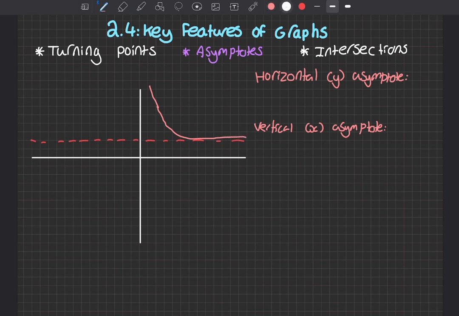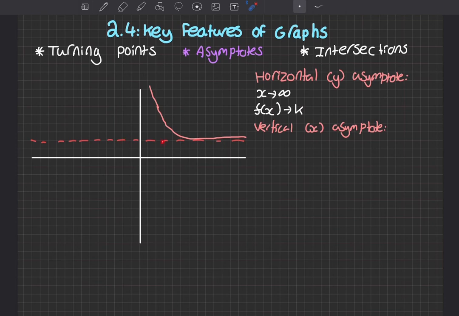And how do you express this? Well, again, your line won't touch it, it'll just get close to touching it all the way to infinity. So how you can express this is as x approaches infinity, so as x goes all the way to infinity here, your y, or your f of x, approaches k, where k is just the value of the asymptote.